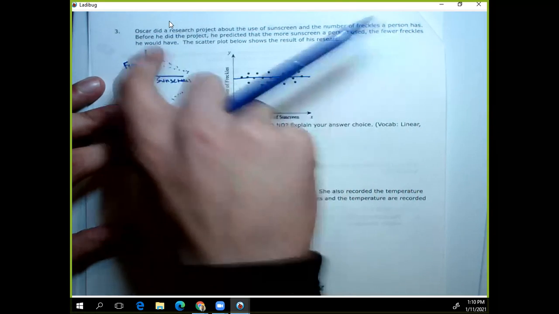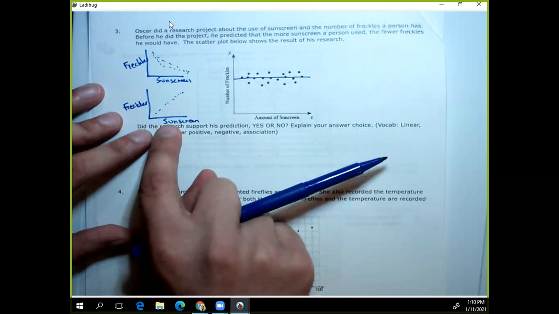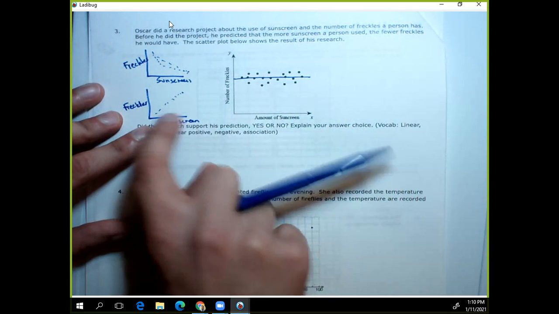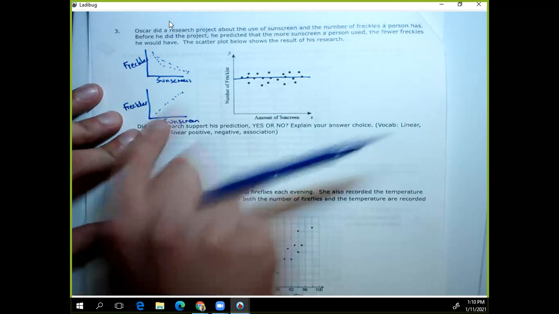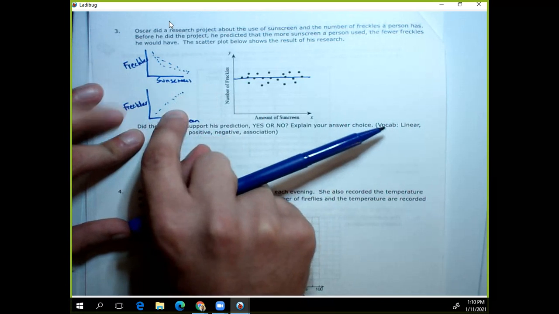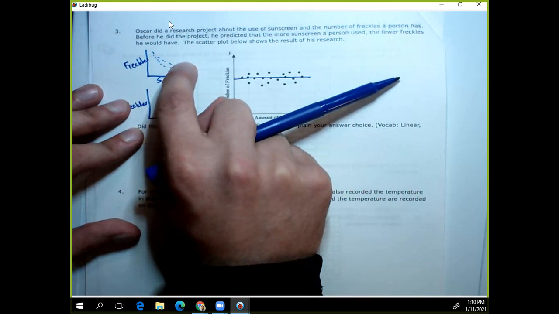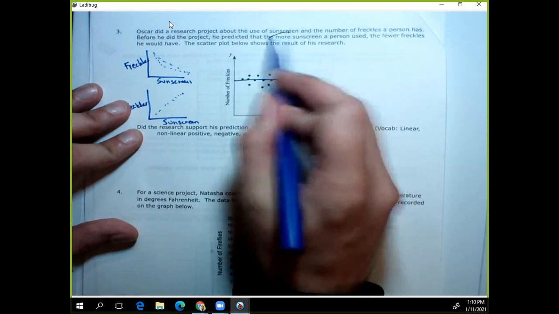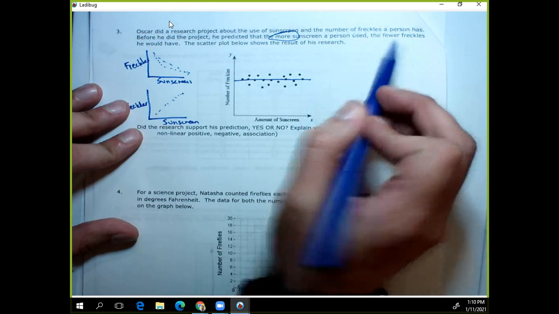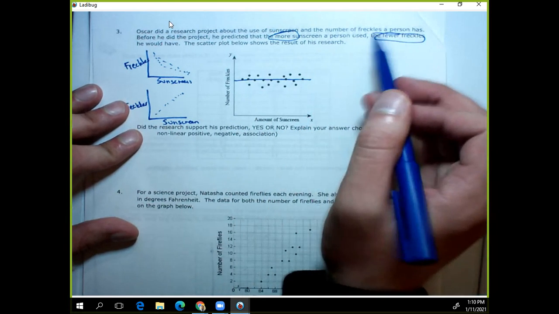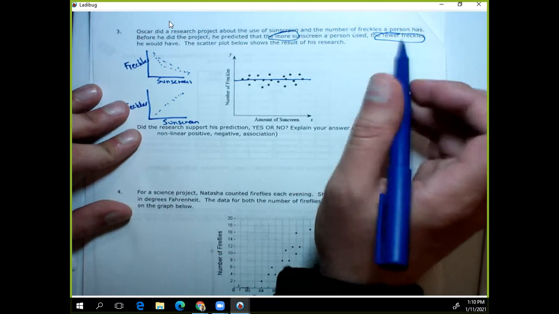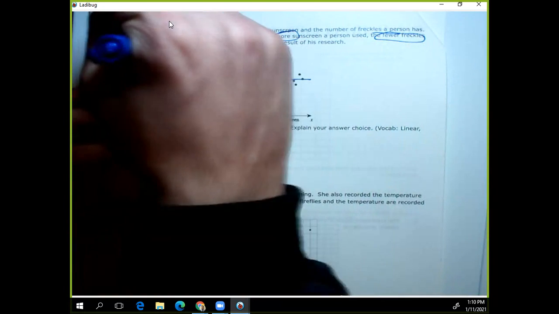Yeah, the freckles are decreasing. And then the second one right here, the sunscreen is increasing and the freckles are also increasing. So this is a positive correlation. This one would be a negative correlation. Now remember, it says the more sunscreen a person used, the fewer freckles. So that means it would be a negative correlation. So that means Oscar is predicting that this one right here is the graph.